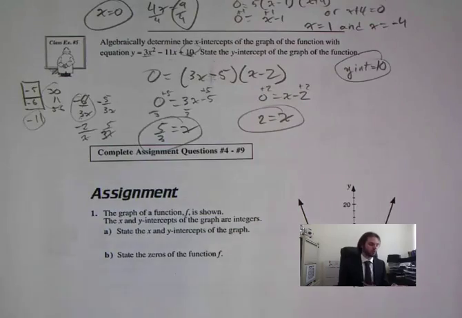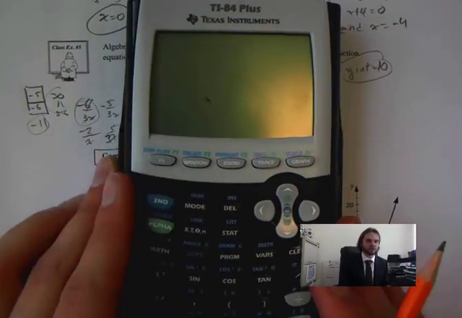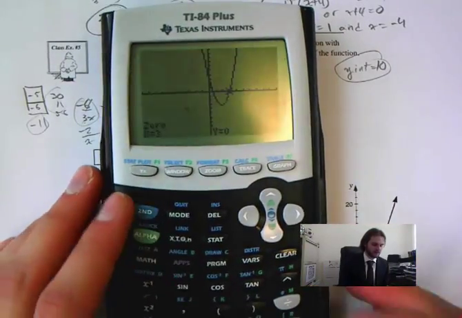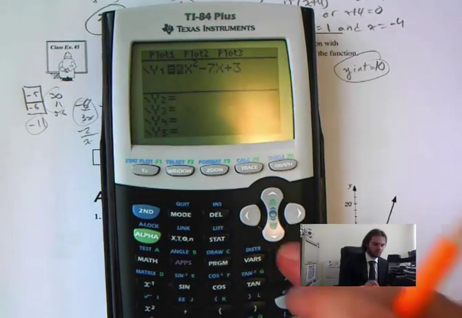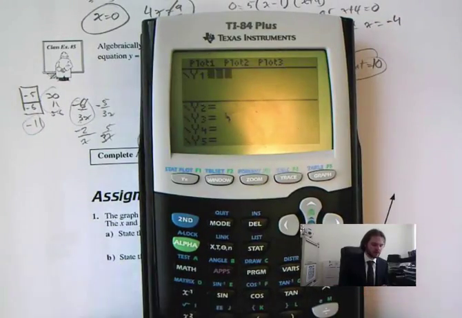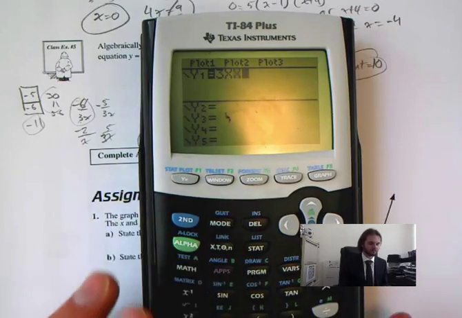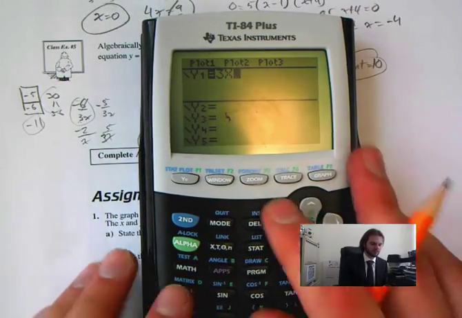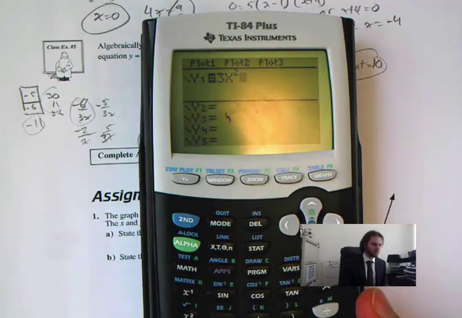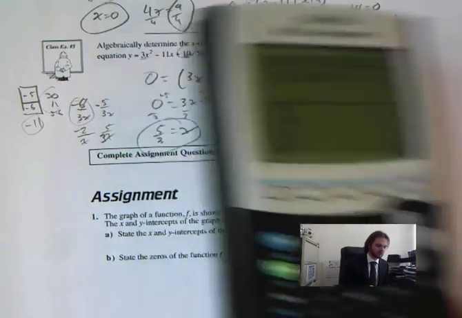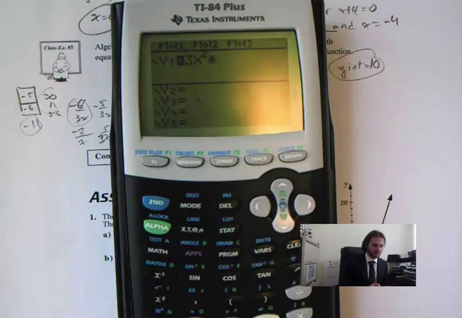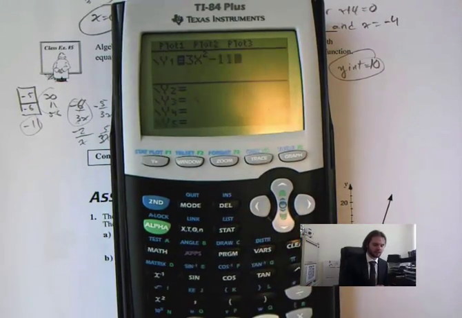Okay? If I want to double check it, I would just go into my trusted graphing calculator. And y equals, we're going to put this in here. We have 3x squared, oops, x squared, and then minus 11x.